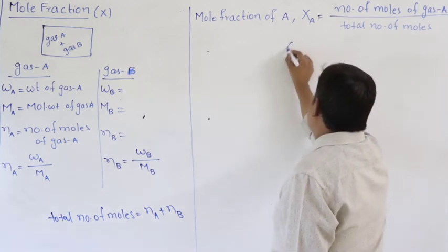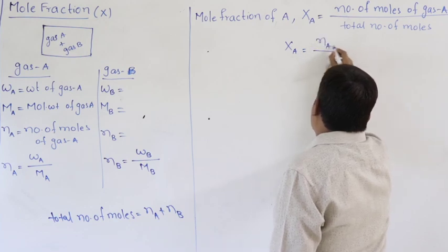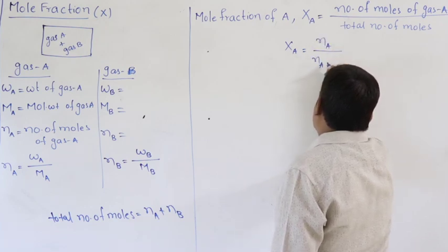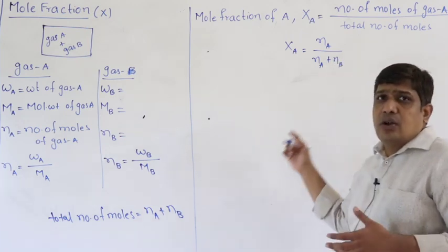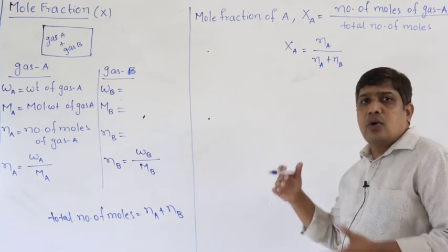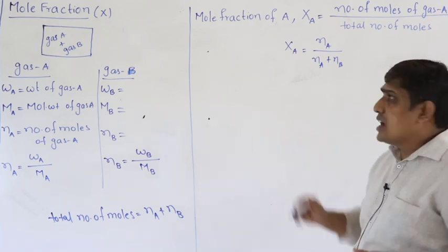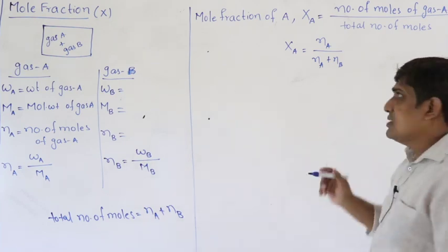So XA is equal to number of moles of A, N subscript A, by total number of moles, Na plus Nb. If I have three gases, then you have to add the number of moles of the third gas. If I have four gases, you have to add the number of moles of the fourth gas. Total number of moles of all the gases present in the system.